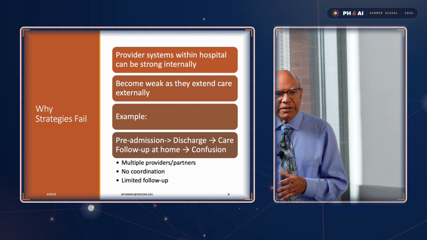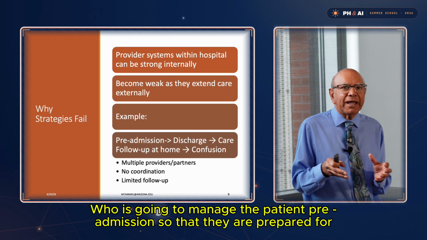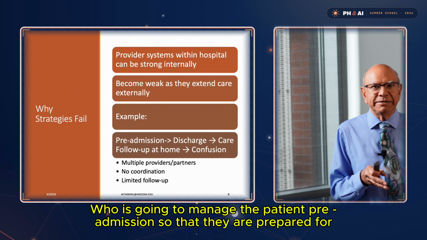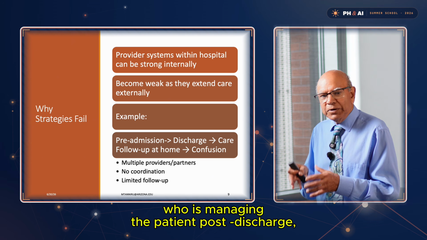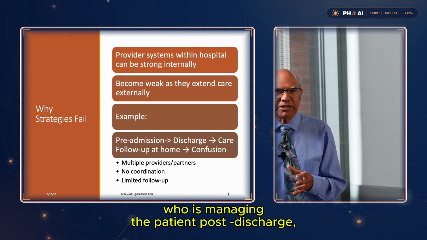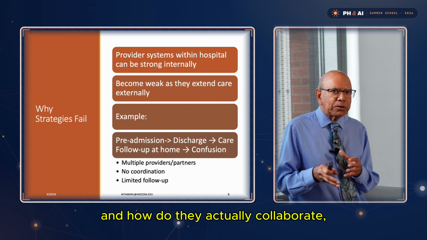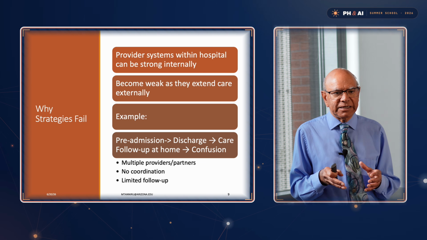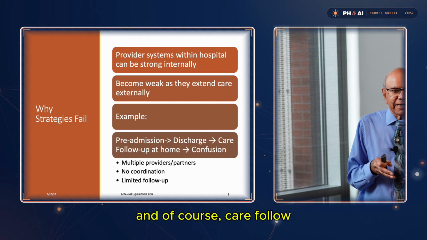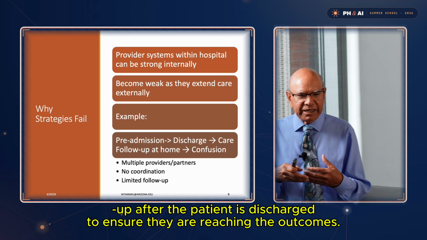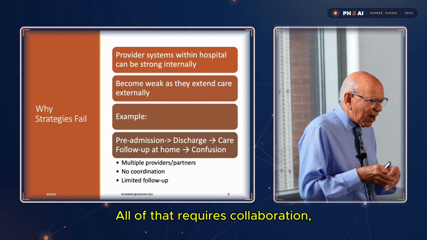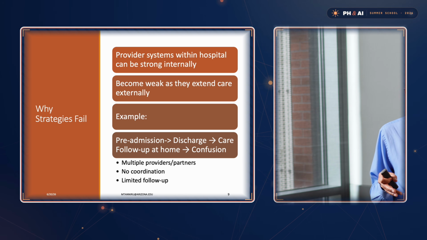For example, pre-admission: who is going to manage the patient pre-admission so that they are prepared for the surgery? Who is managing the patient post-discharge? And how do they actually collaborate? And of course, care follow-up after the patient is discharged to ensure they are reaching the outcomes. All of that requires collaboration.